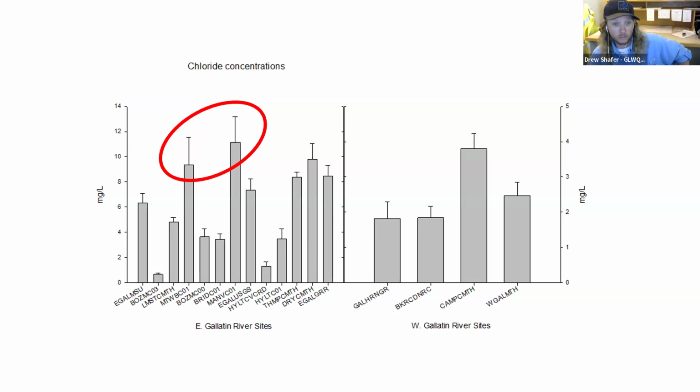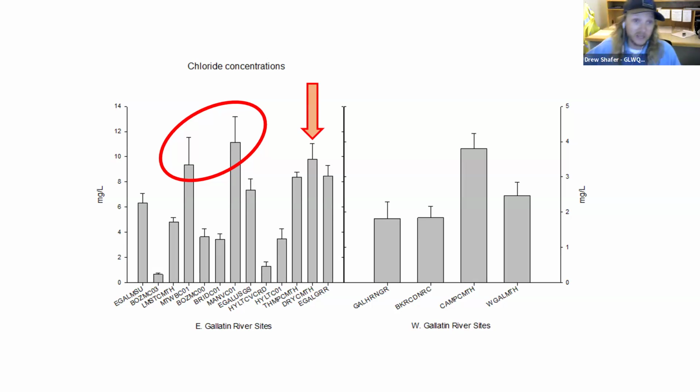And if we click one more, Dry Creek is a pretty interesting one too, because the chloride concentrations that we're seeing there could indicate potentially the chemical weathering of sedimentary rocks, and specifically the Horseshoe Hills area. Most of that is limestone, sandstones, mudstones, and that sort of thing.